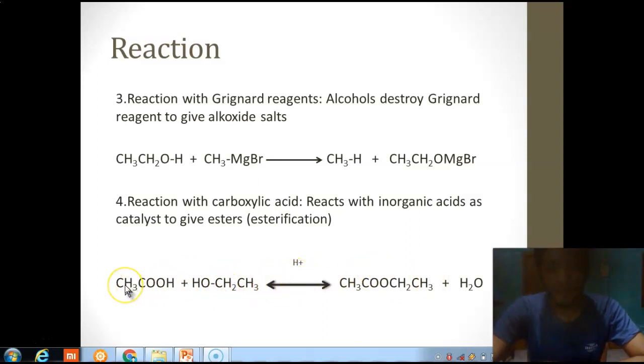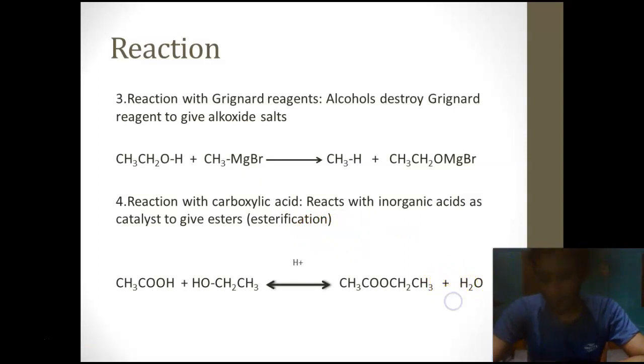Here we are combining acid and alcohol in presence of inorganic acid, and it will give ester. This reaction is known as esterification reaction. Along with that, this will give water.